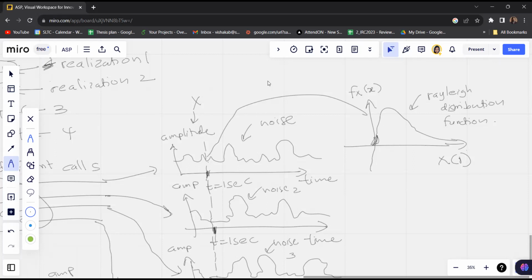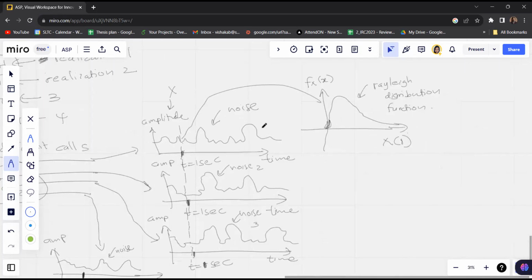When we take another time instance, let's say time t equals 2 seconds for all the waveforms, there also we will observe that the same distribution function is used to denote the probability density function of the amplitudes.